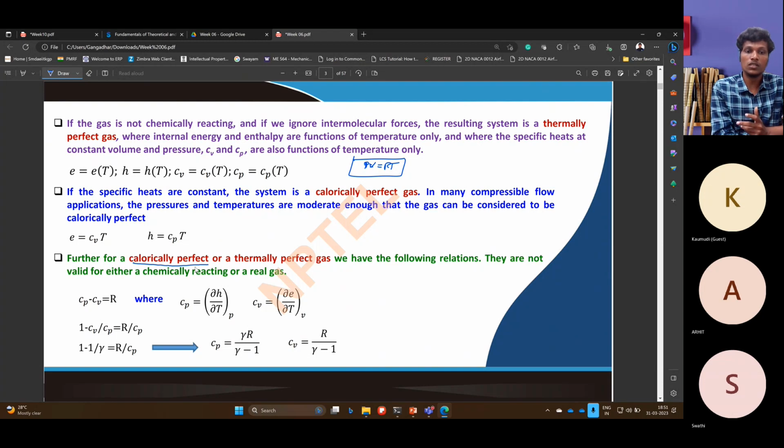The gas we are taking as calorically perfect. That is, we are taking the gas constants, the constant pressure and constant volume specific heats, as constants. That is the heat addition rate per unit kg required for raising the temperature by one unit at constant pressure or constant volume.